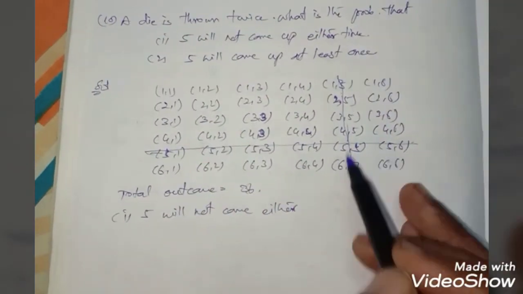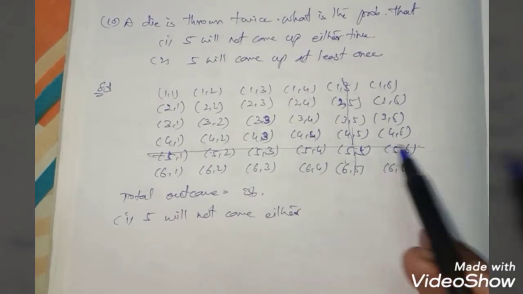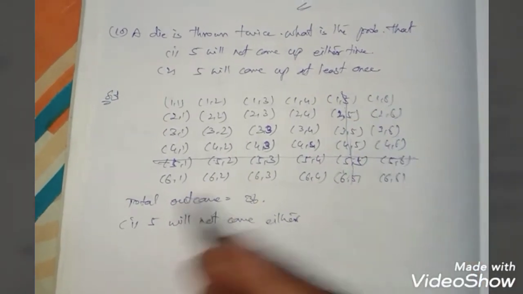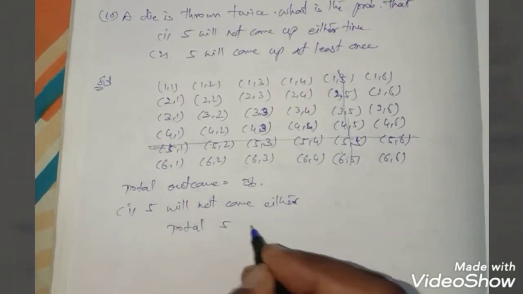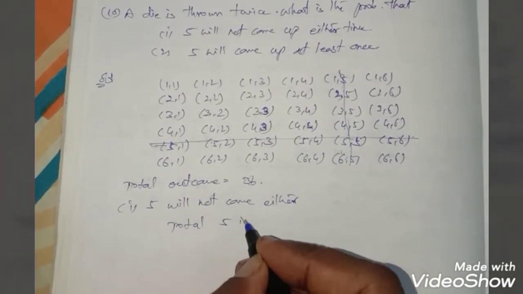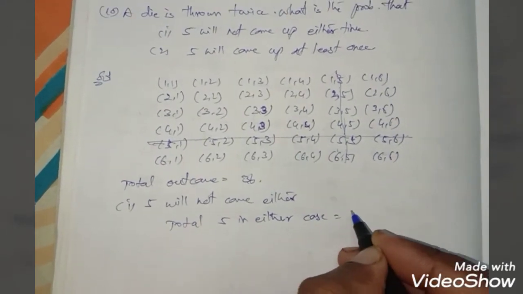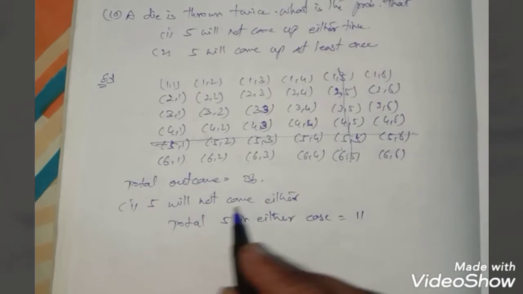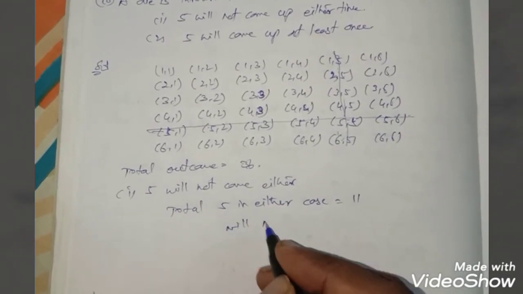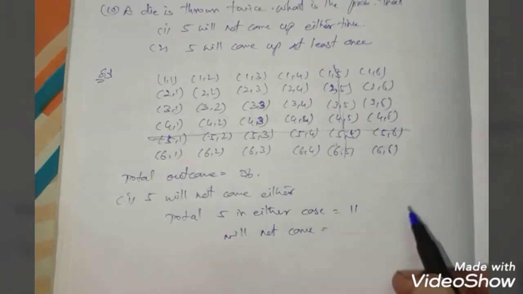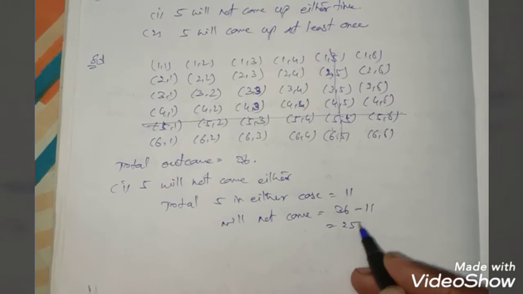Now if I remove all these 5s, how many 5s? Just count it: 1 2 3 4 5 6 7 8 9 10 11. So the total with 5 in either case is 11. So for 5 not coming, the total is 36, and if I subtract 11, you will get a total of 25.